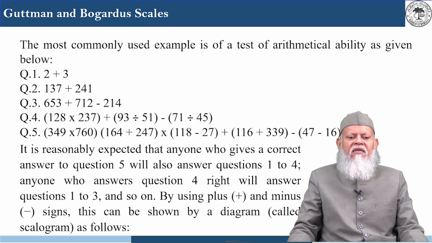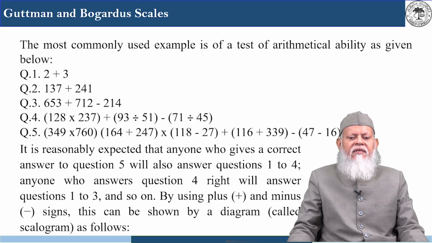So, these are the 5 questions, and from the questions themselves it is clear that they proceed from most easy to most difficult. Question 1 is most easy, question 5 is most difficult. So, it is reasonably expected that anyone who gives a correct answer to question 5 would also answer questions 4 to 1.